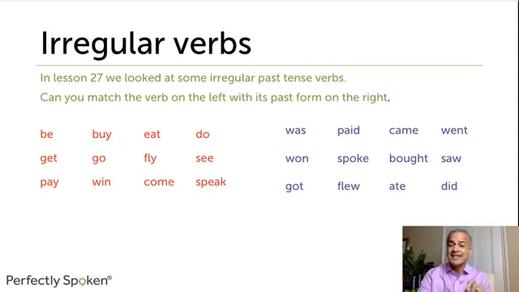Be, buy, eat, do, get, go, fly, see, pay, win, come, speak. And past: was, paid, came, went, won, spoke, bought, saw, got, flew, ate, did. And the matching.